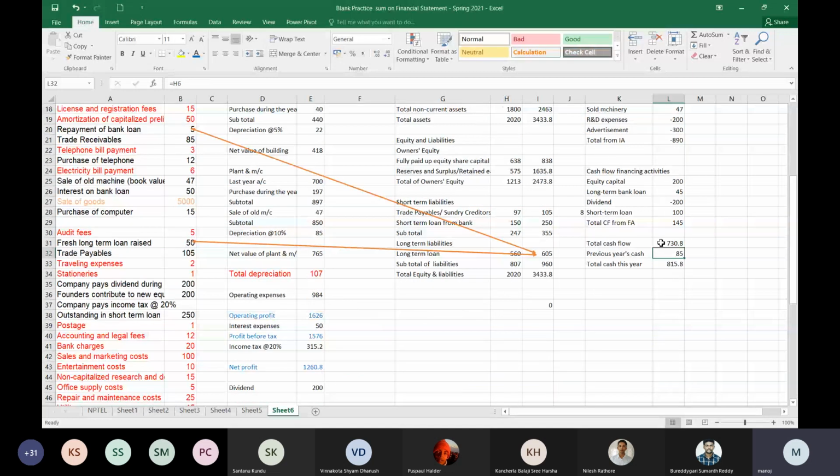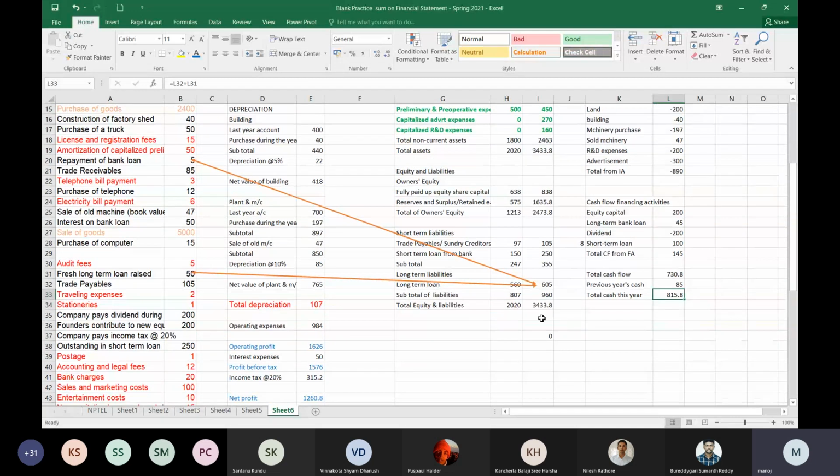So this is equal to 730 and this is equal to 85 and this becomes less. So now you see 34, 33, 34, 33.8 exactly matching.